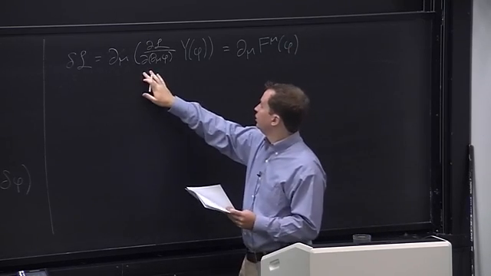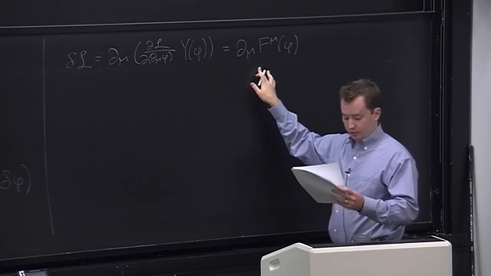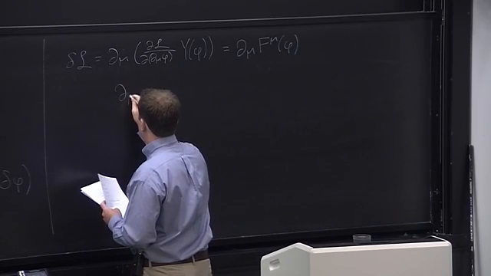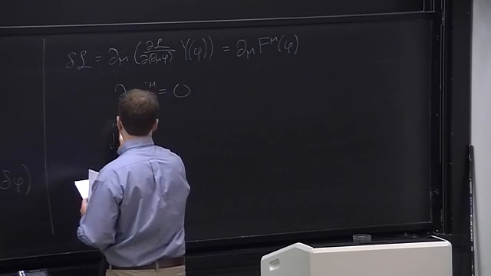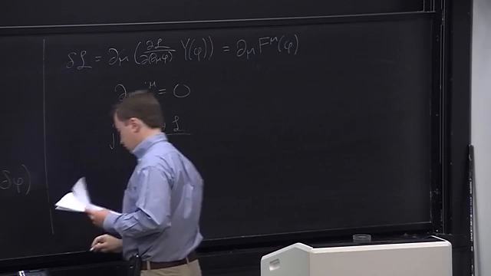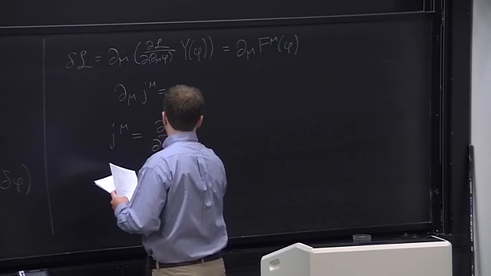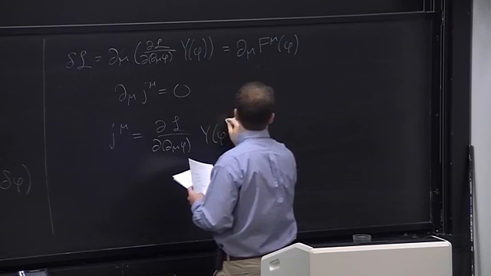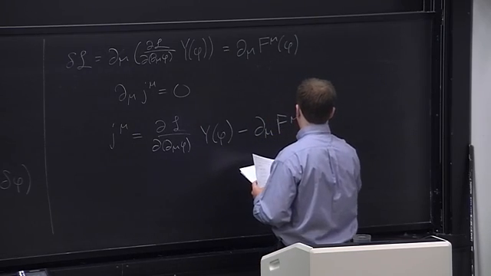And now we've got both sides are total derivatives, so we can read off that we've shown that the total derivative of something, which we can call the current, is 0, and that something is just dL/d(∂_μφ) times Y of φ minus F^μ of φ.